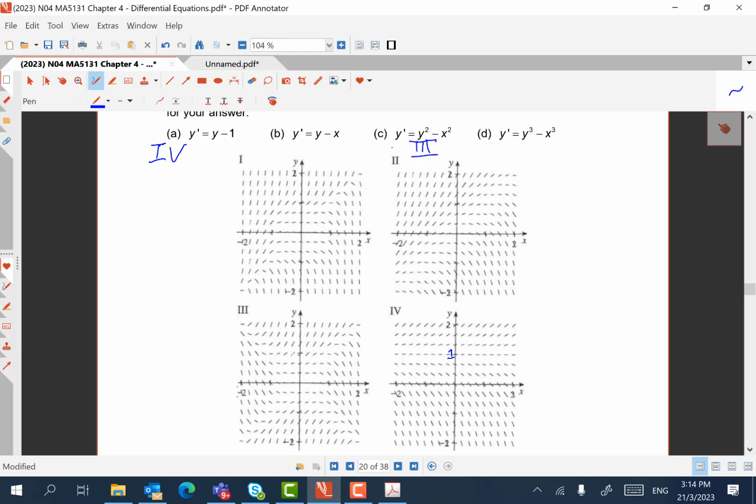The differential equation in part B and the differential equation in part D are the same in this respect. Along the line y equals x, the gradients are both 0. Not bad, but let's hear from Kate.